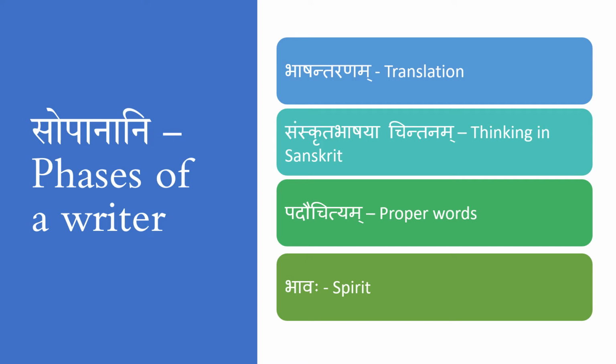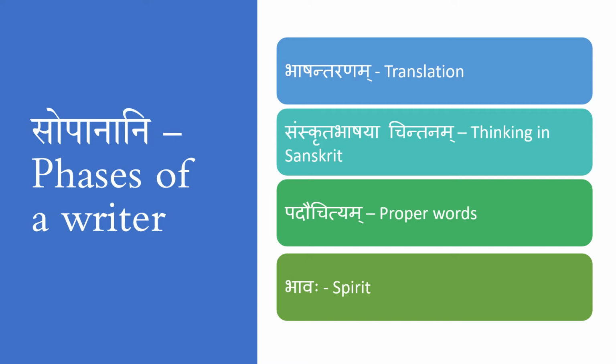Then the fourth step here is the bhava, or spirit. Now this is the next step when one gets into building sentences and then building paragraphs, let's say. Then what is the bhava, or the spirit, he wants to bring behind that sentence?